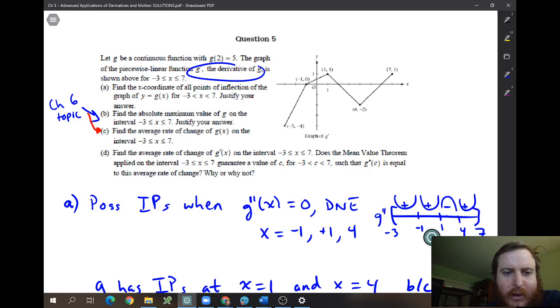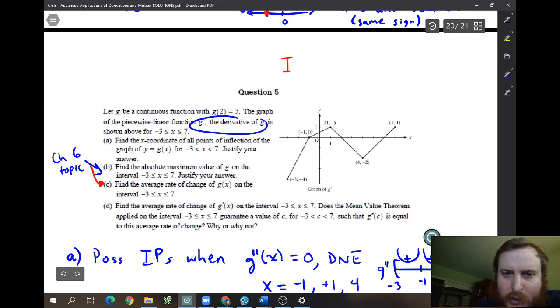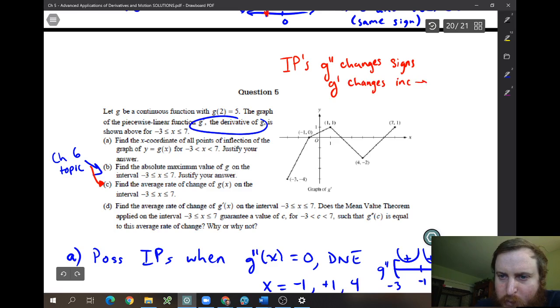A asks us to find all of the coordinates of inflection, or inflection points. So remember that inflection points are when G double prime changes signs, or when G prime changes from increasing to decreasing, right?